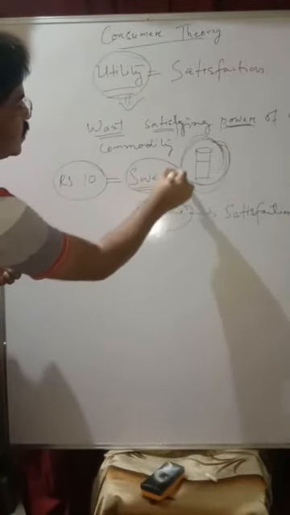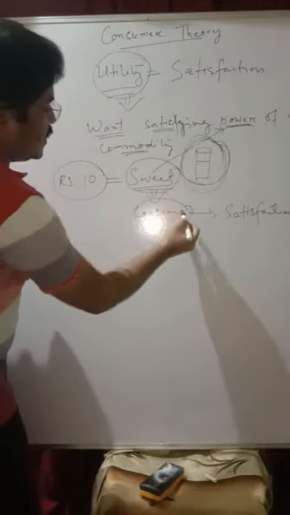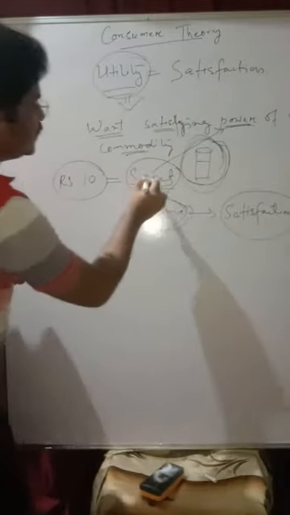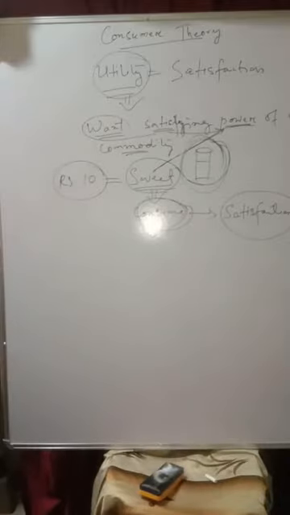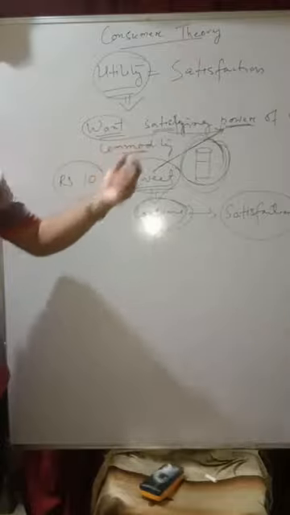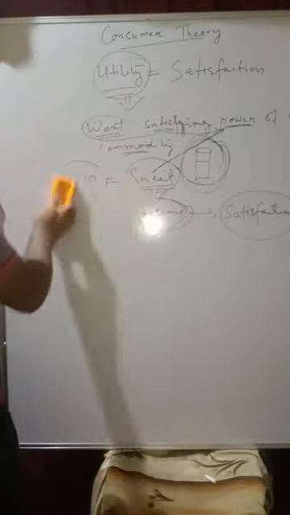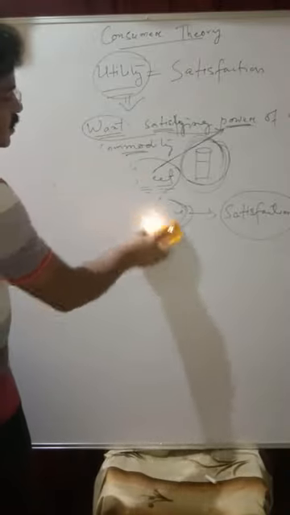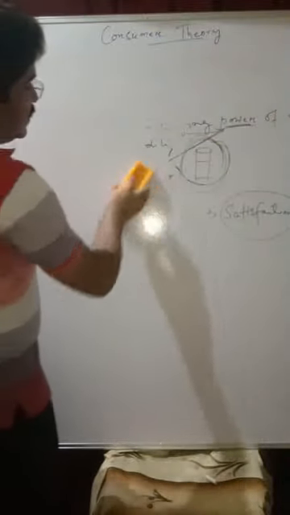That sweet is your commodity, and it has the power, what type of power? That after your consumption you are now satisfied. So the sweet has the power to satisfy your human wants. So utility, in technical terms, is called the want-satisfying power of a commodity. Now utility again has two types. One is called marginal utility and one is called total utility. So first we define what is total utility and what is marginal utility.